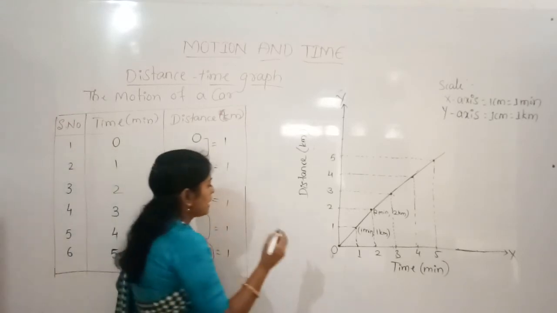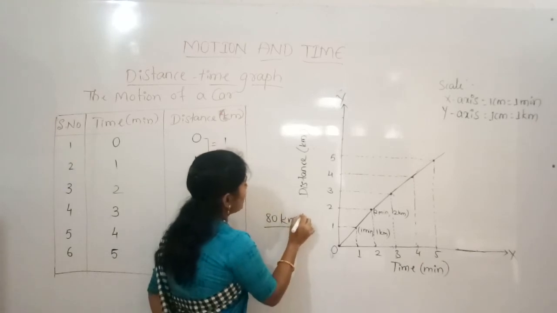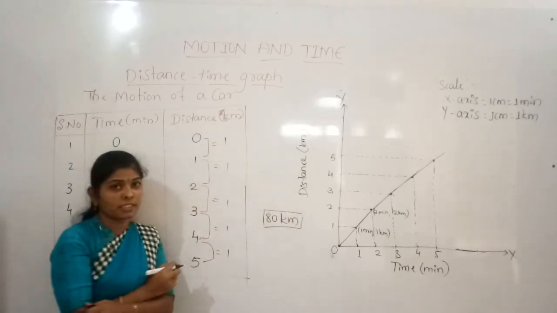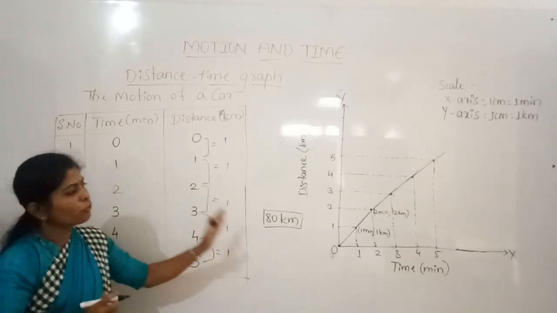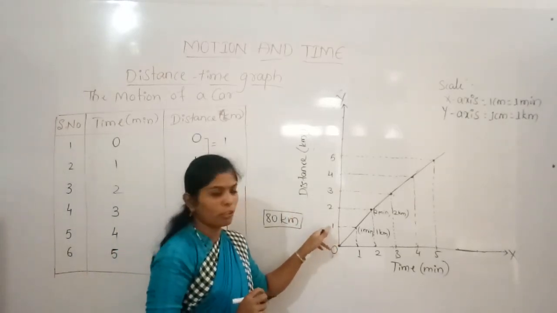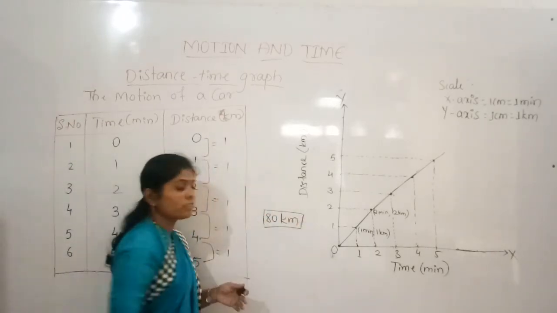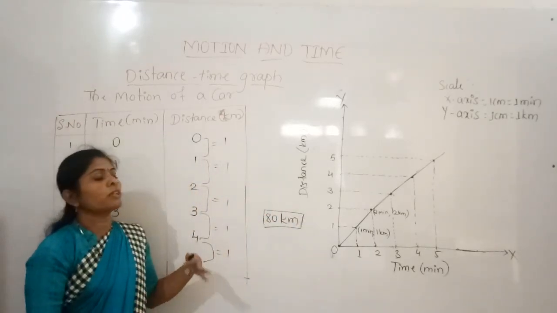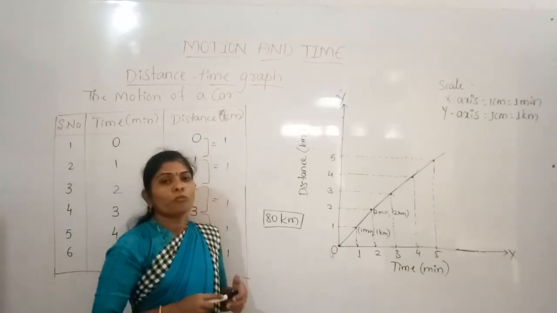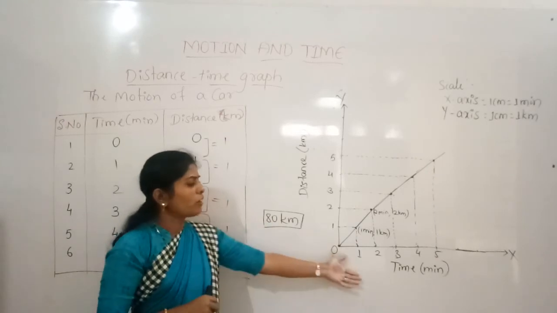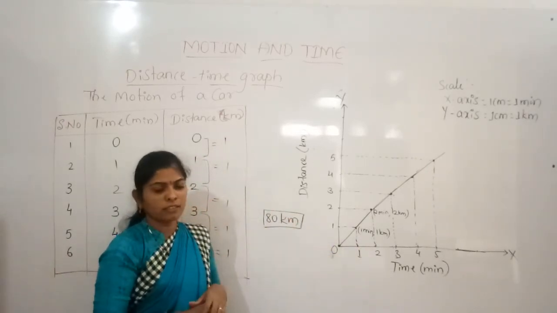For example, if 80 kilometers is given as the distance in a graph. Here we have 1 kilometer distance, so we have taken 1 centimeter equal to 1 kilometer. Suppose it travels around 80 kilometers, for example a train or other vehicles, which in 1 hour may travel 80 or 100 kilometers.